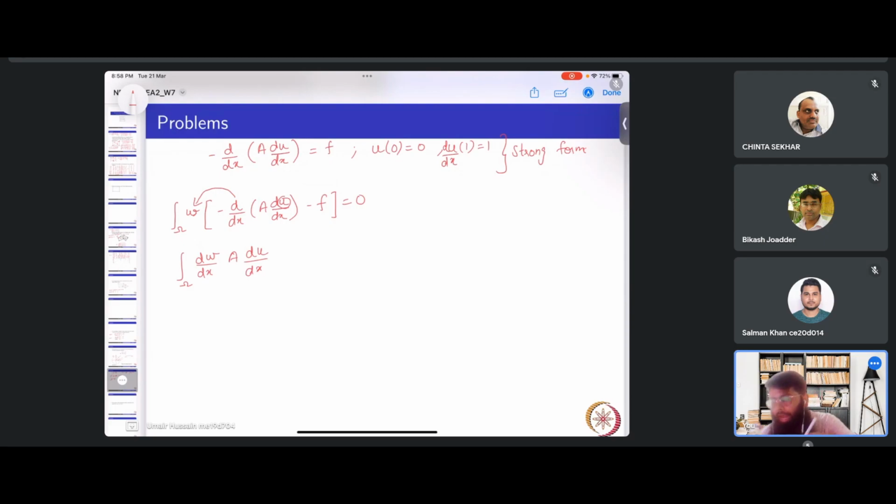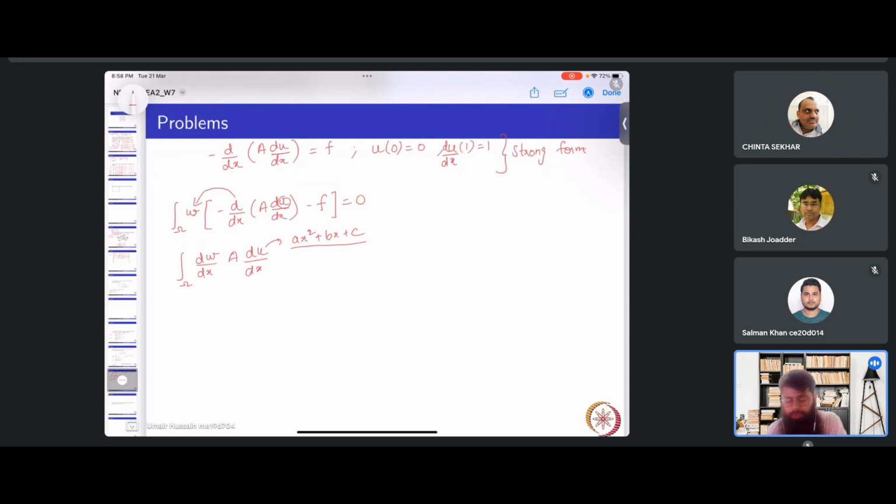In FEM we assume a solution, some function, usually a polynomial, for u. Weakening this differentiability requirement allows us to choose a lower order polynomial, like ax plus b. If it had been a second order derivative on u, I would be forced to choose a higher order function.